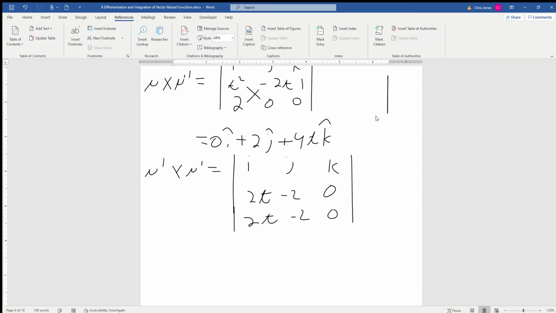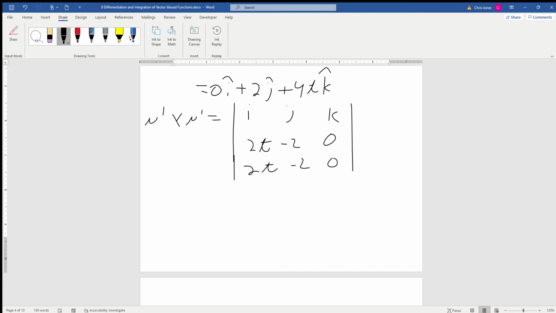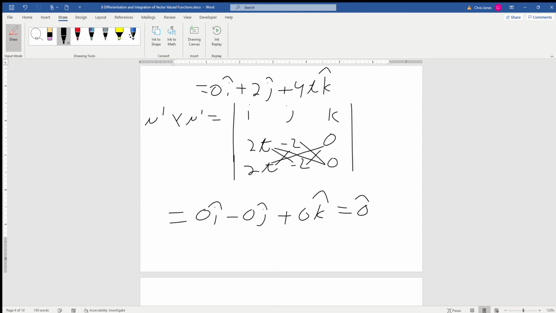When we find the cross product of this, it should be pretty easy to see that things are just going to cancel out. So this becomes 0i. For j, that becomes 0j as well. And then for k, we get minus 4t minus a minus 4t, so that's 0k, which is equal to the 0 vector. One of the rules you might remember, and we might have proved this one, is that when you cross a vector with itself, you always end up with the 0 vector.